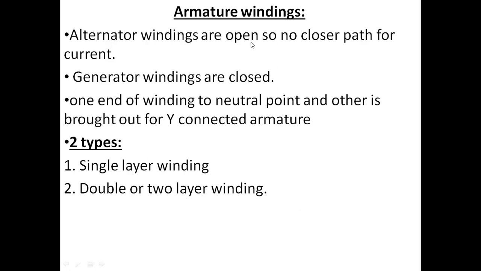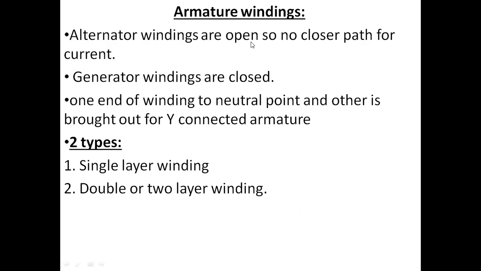In DC machines, these have closed circuit windings, right? The winding will be closed. But in the case of alternators, these windings will be open. By open I mean there will be no closed path for the armature currents in the winding itself.